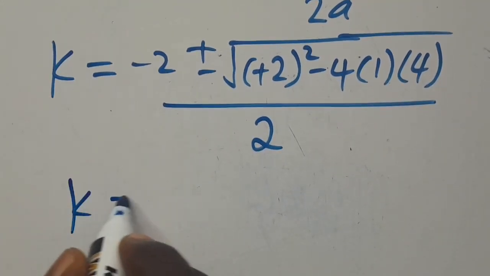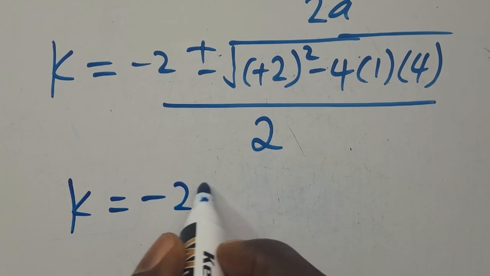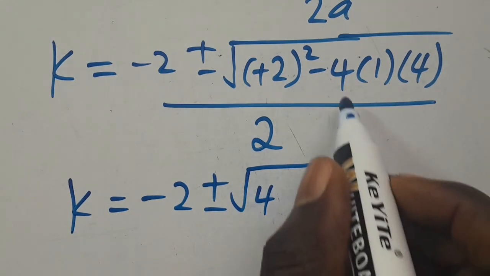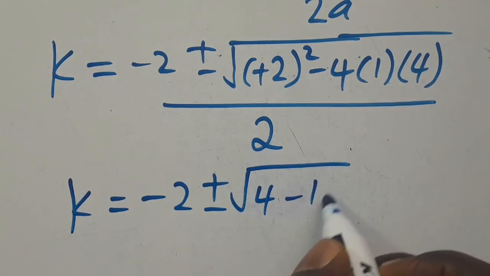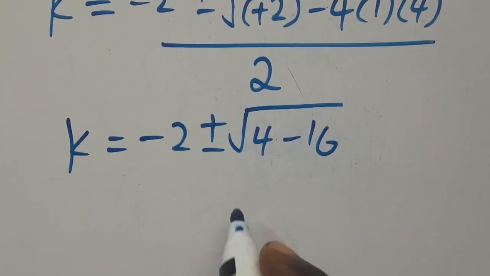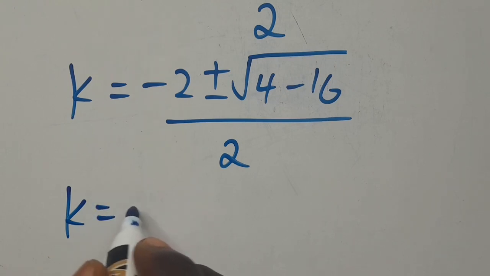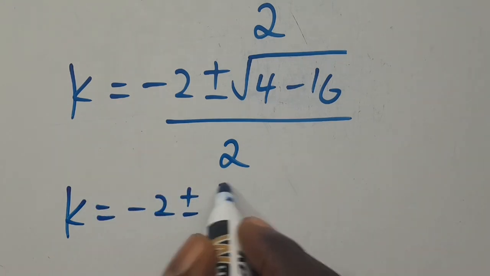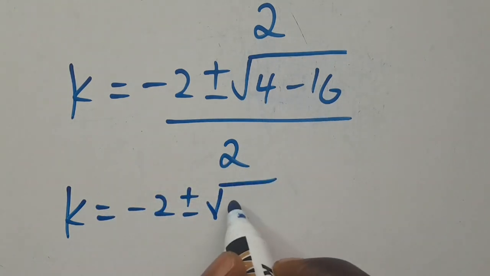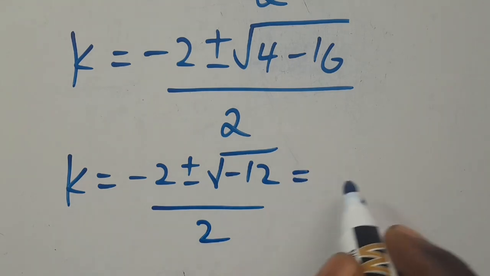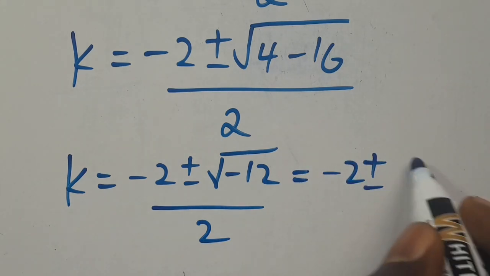So we have k to be equals minus 2, positive or negative. Root of this will be 4. 4 times 1 times 4 will be minus 16. Then all divided by 2. We have k to be equals minus 2, positive or negative root of 4 minus 16 will be minus 12 again, divided by 2.